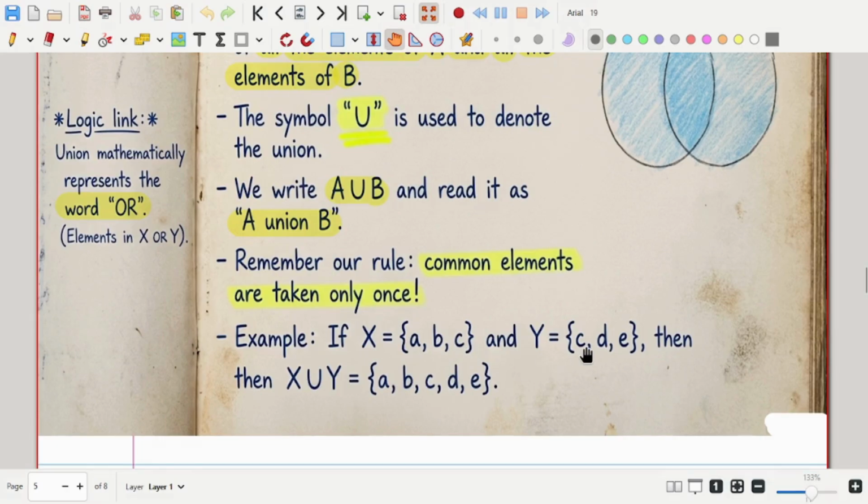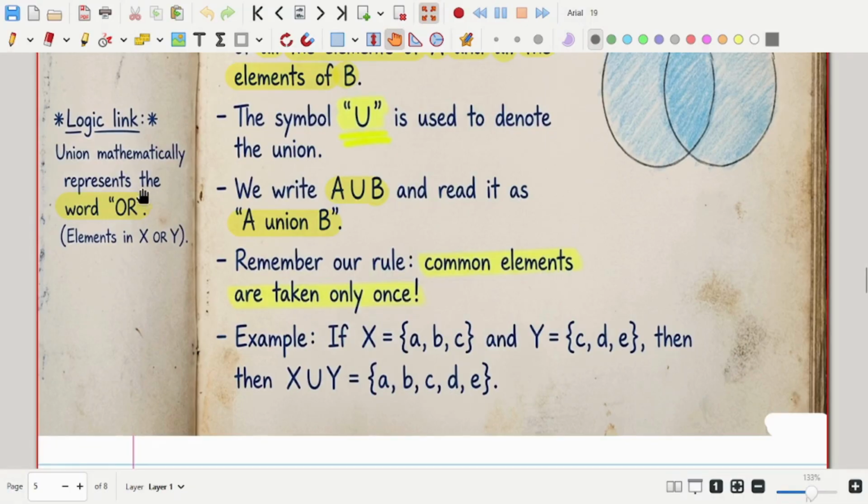That means it is common in set X as well as set Y. So we will write C only one time because the rule is that we do not repeat any element in a set. Therefore, X union Y is the set of A, B, C, D, E.